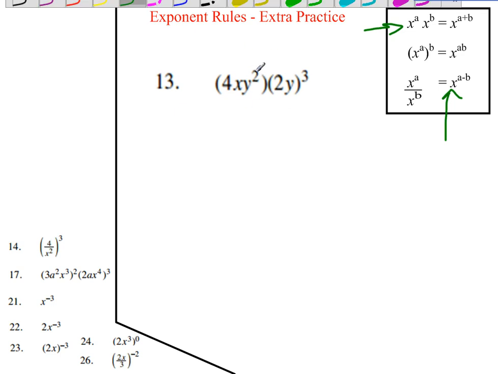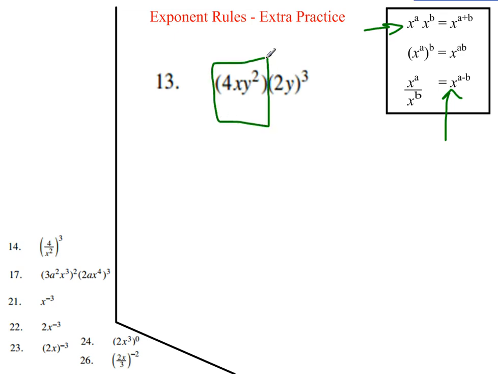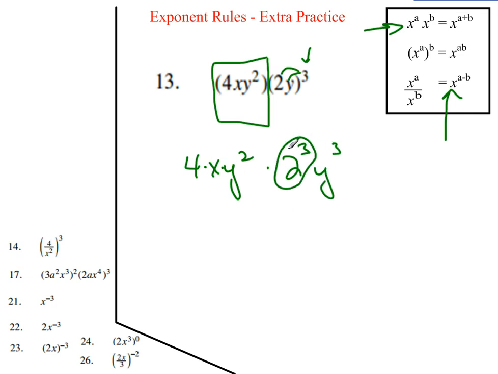Here, there's nothing outside the parentheses. If I'm taking this separately, I simply have 4xy squared. I'm not going to change it. This 3 has nothing to do with that set of parentheses. But I will put it on this part. The 3 goes on the 2 and the y, so it's times 2 to the 3rd y cubed. This is an 8, so I'll combine my 8 and my 4 right away and make that a 32.